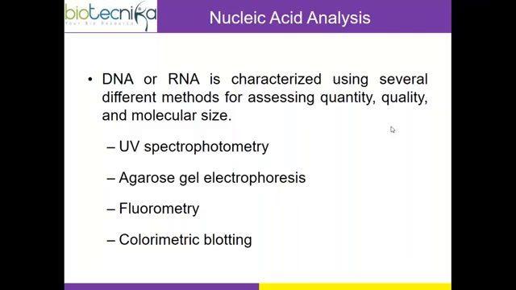So last class we have seen isolation of DNA from various sources. We have seen how we can isolate DNA from bacterial source, how DNA can be isolated from the mammalian system, how DNA can be isolated from plant system, and then apart from that we have seen how to isolate plasmid also.